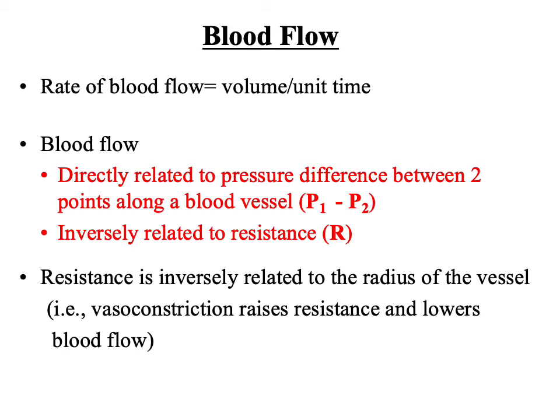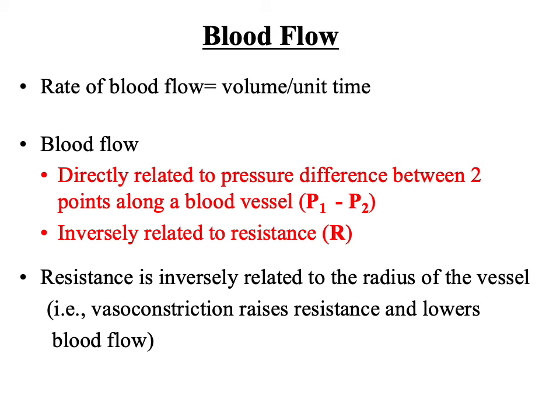Then you go downstream a little bit and you mark another point, call it P2, which would be the pressure at point number 2, some distance away. The difference between P1 and P2 is the pressure gradient or the pressure difference. And what we're saying about blood flow here is if there is a greater difference in pressure between those 2 points, then the blood is going to move more quickly between those 2 points.